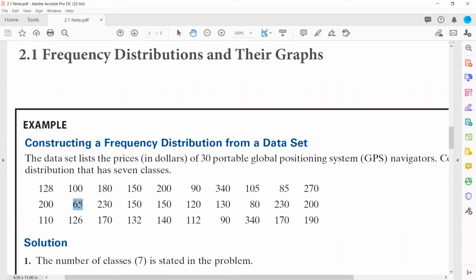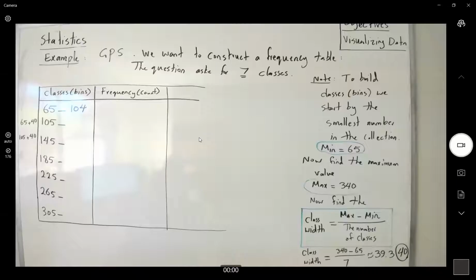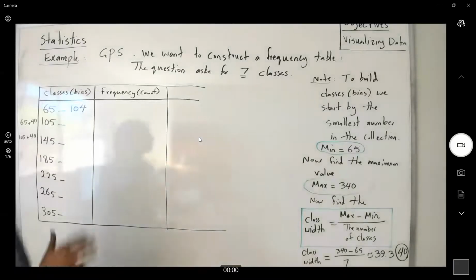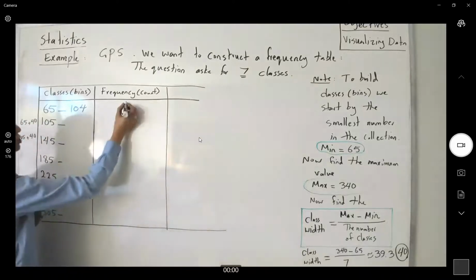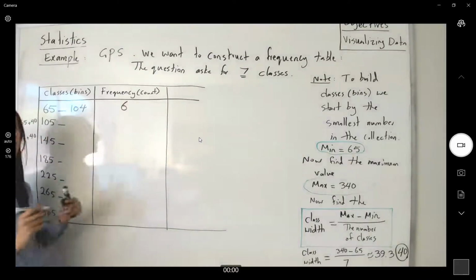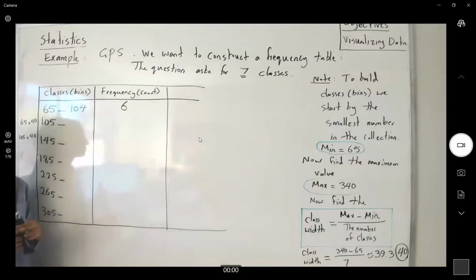We have 65. What else do we have? We have 80 here. And then what is the next number? We have 90 here. So in total, you have 6 numbers between 65 and 104 in this collection. So you write frequency equals to 6.